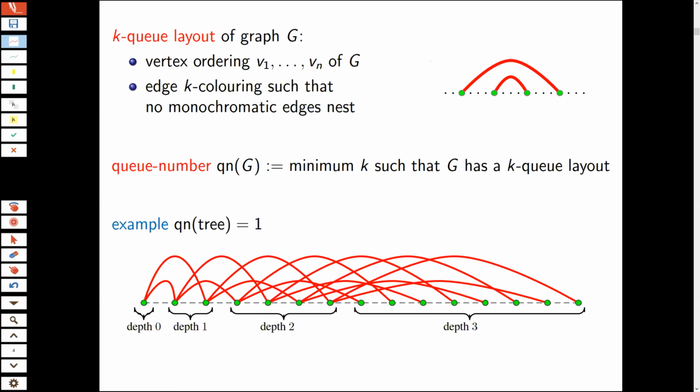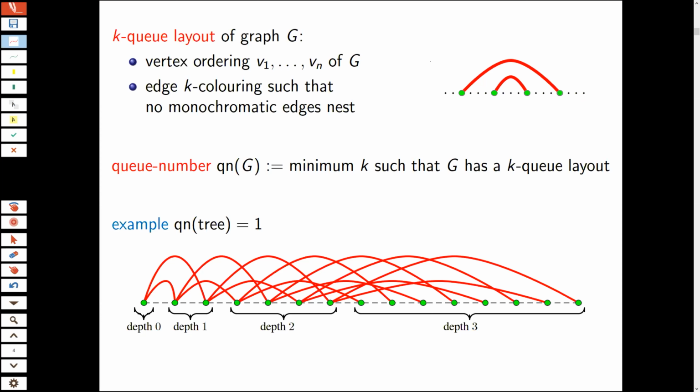Pick your favorite root vertex of your tree and then do a breadth first ordering of the vertices, so you're ordering by distance from the root, where say the vertices at depth 2, you order them with respect to the ordering of the parents at depth 1. So when you do that, and you think about it for a few seconds, you'll see that no two edges are nested.